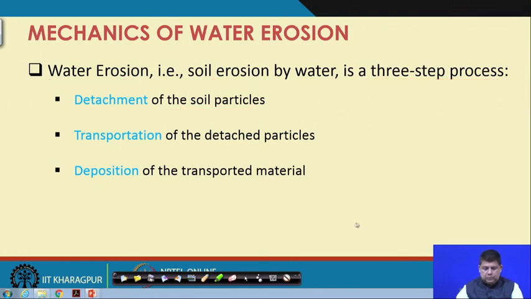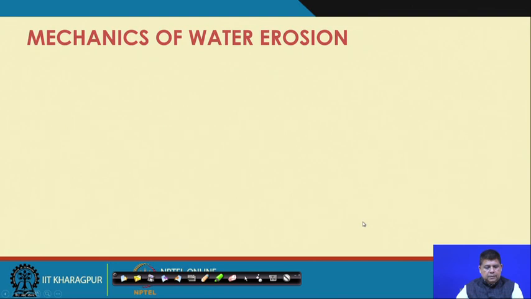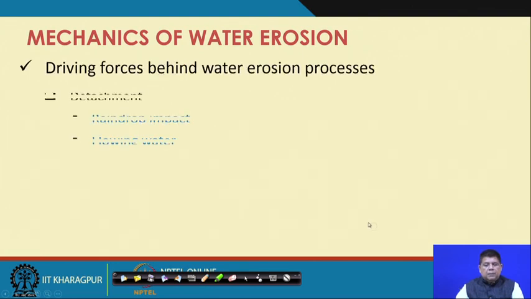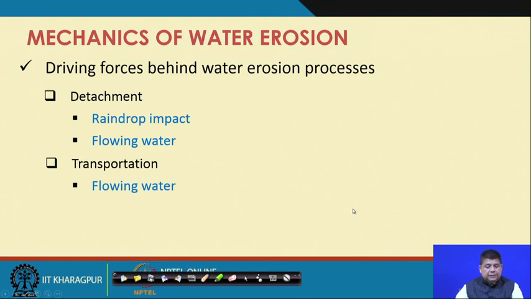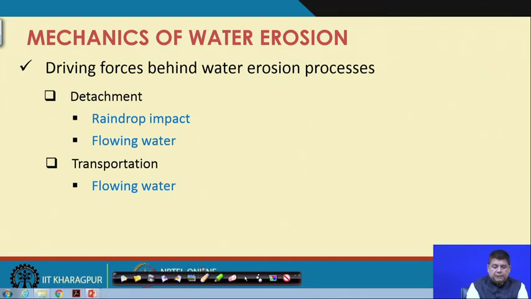The driving forces behind the water erosion process are detachment and transportation. The driving forces of detachment are raindrop impact and flowing water, and for transportation it is the flowing water.